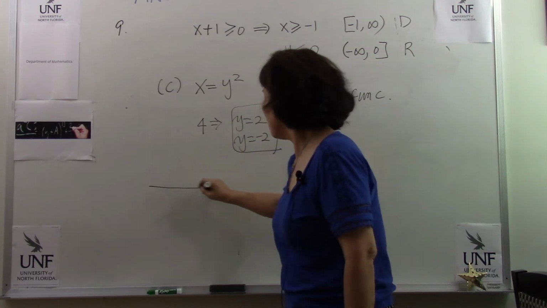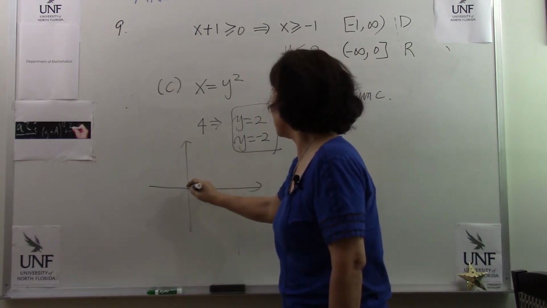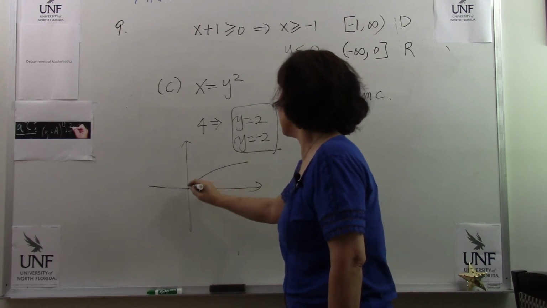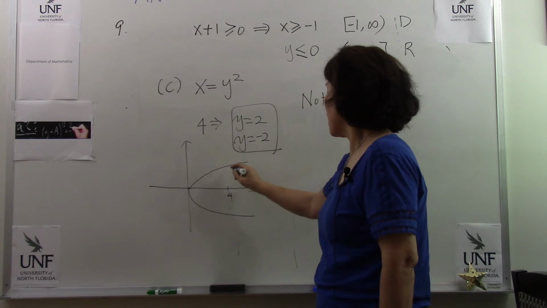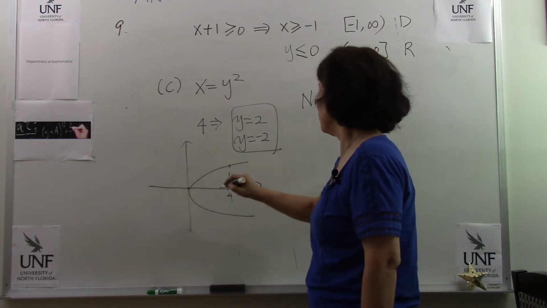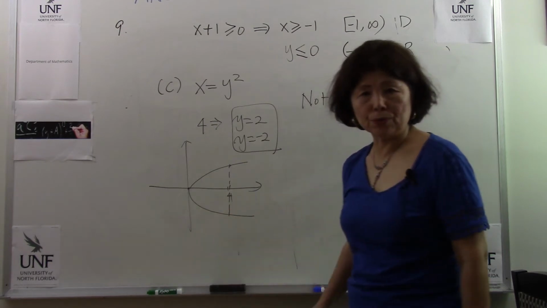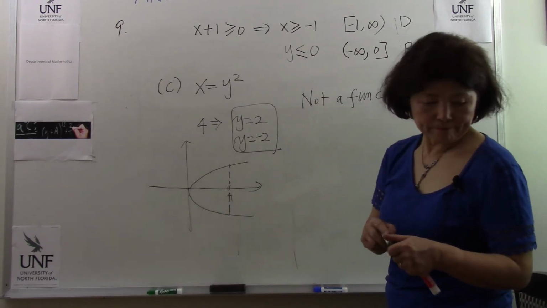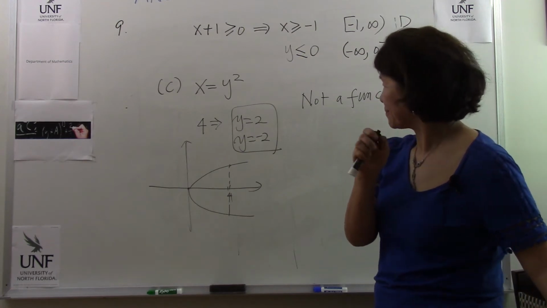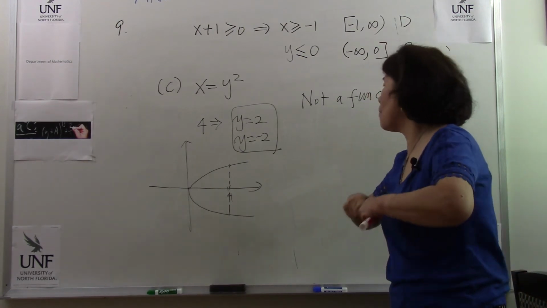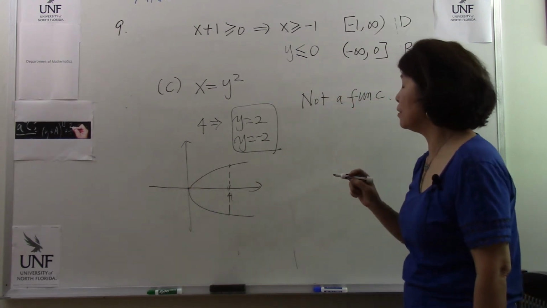And graph wise, when x equals 0, 0, it will look like this. Because look at this, when x equals 4, it can be y equals 2, or it can be y equals negative 2 over there. And for domain and range, as you see, the graph is very convenient to use.